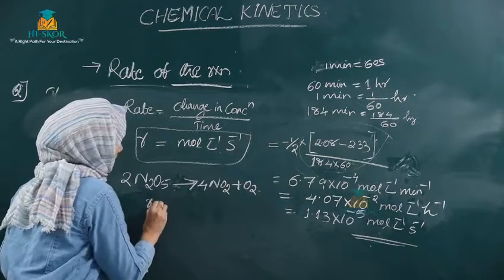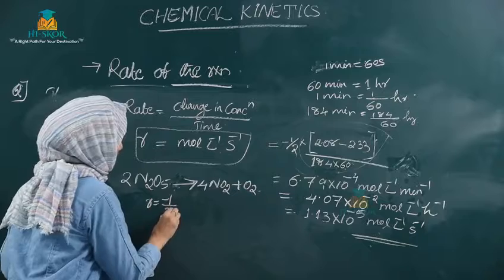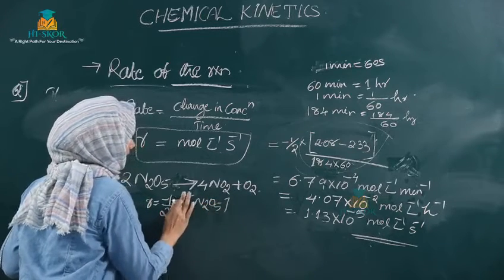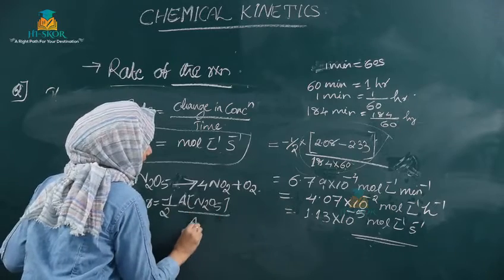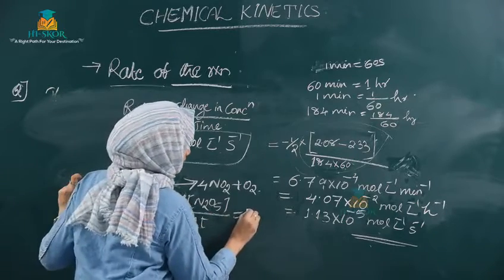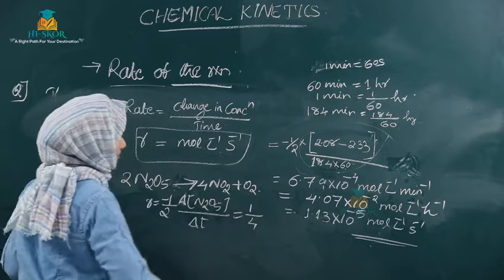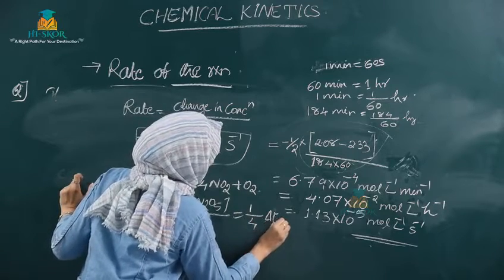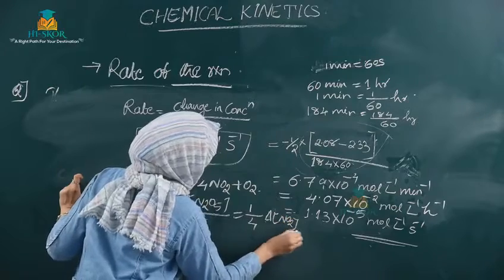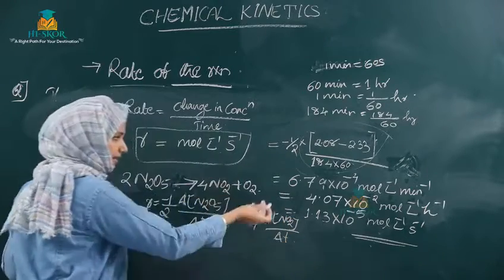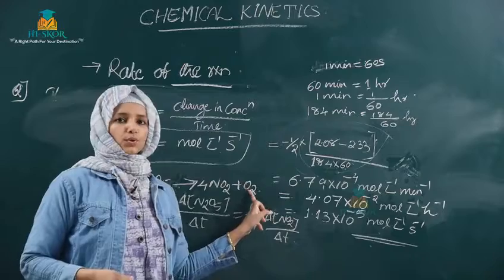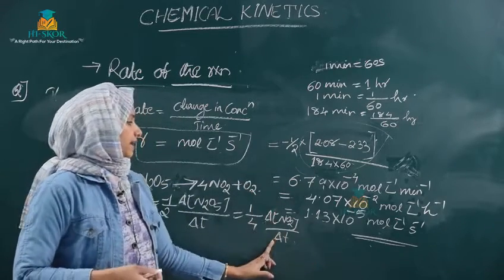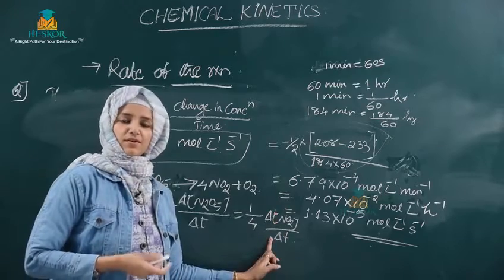You know, the average rate is equal to minus 1 by 2 delta N2O5 divided by delta T, that is equal to 1 by 4 into delta NO2 divided by delta T, that is equal to delta O2 divided by delta T. We don't need the other terms because they asked for the rate of formation of NO2.